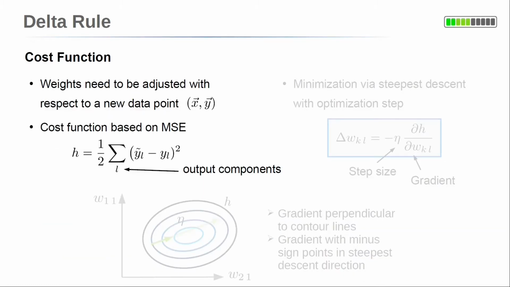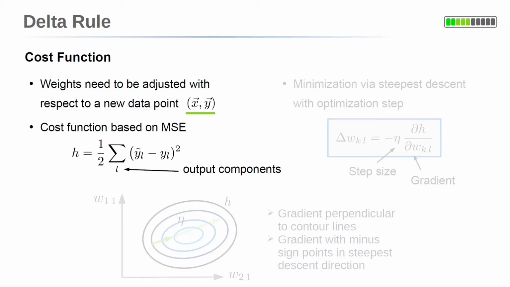We need to specify a cost function in order to fit the neural network with its parameters to data. The cost function measures the quality of the model fit to the training data. The weight parameters are varied to minimize the cost function. Here we choose a mean squared error cost function h and consider a single data point x, y.